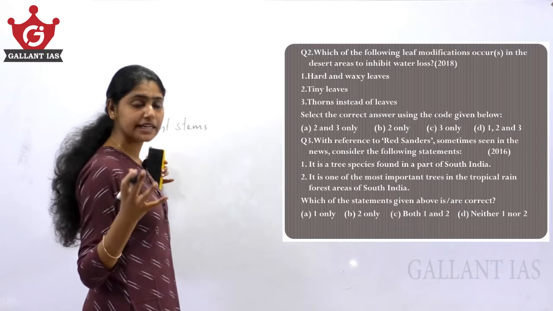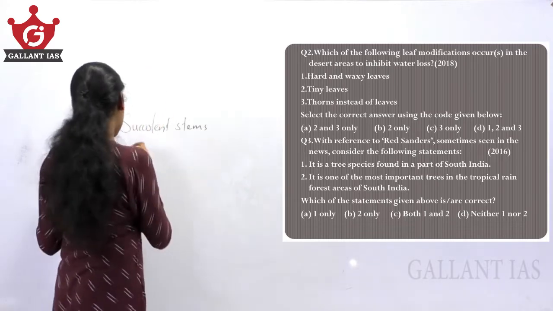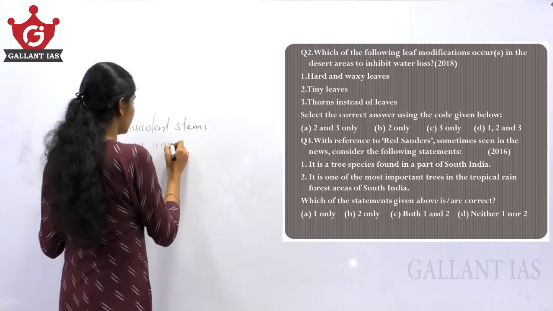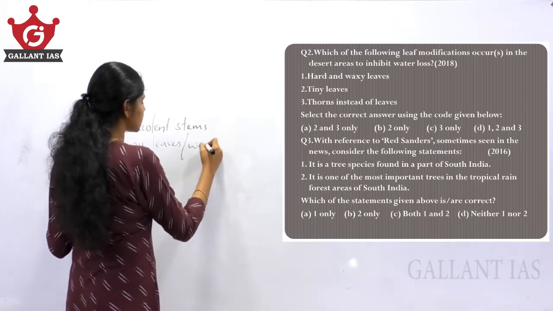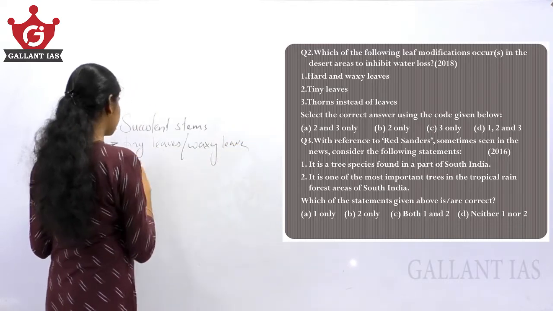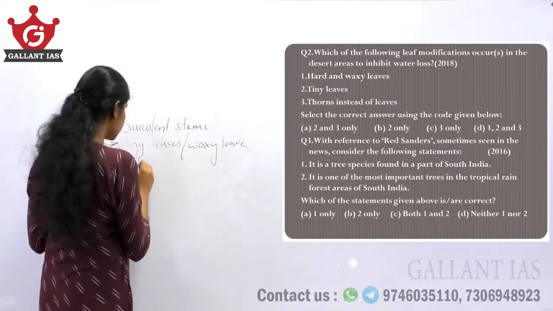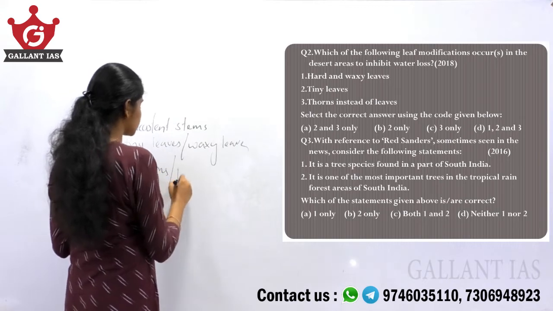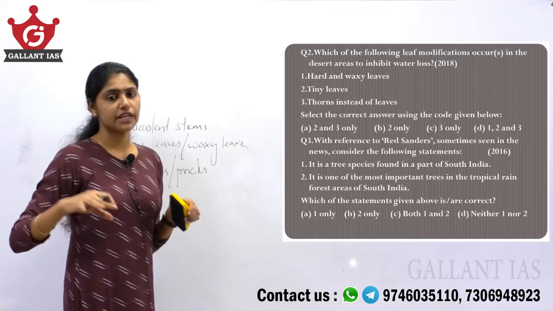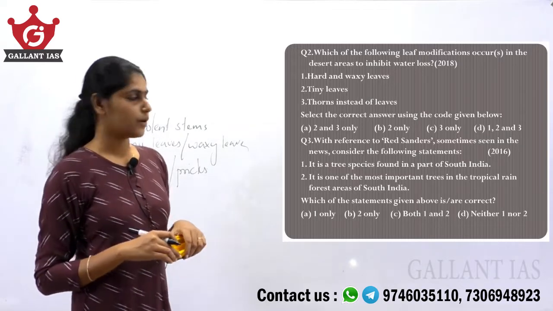They are having thick and fleshy stems. Then they are having very tiny leaves, or we can say waxy leaves, or sometimes these leaves may be modified to form thorns or pricks. Okay, so all these modifications can be seen in the xerophytes.